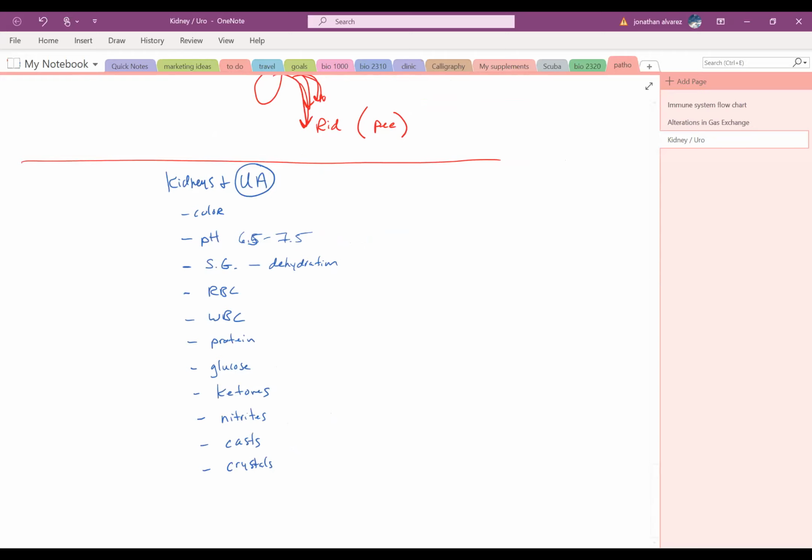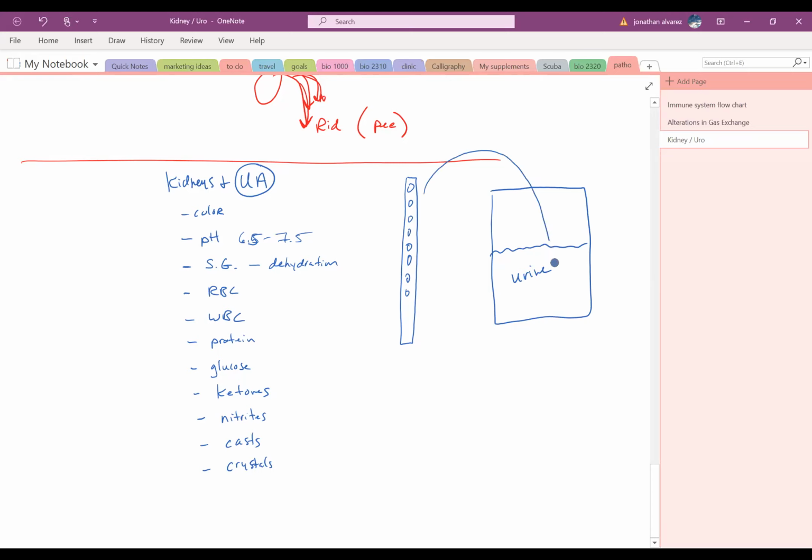All right, so I carry some dipsticks in my office. This is the easy version. You have a dipstick and they have different color-coded pads on them. And the person basically pees in a cup. You take the dipstick and you dip it in. There's different types of cups or tubes. You can actually have it transferred into a nice big tube so the dipstick goes in easier.